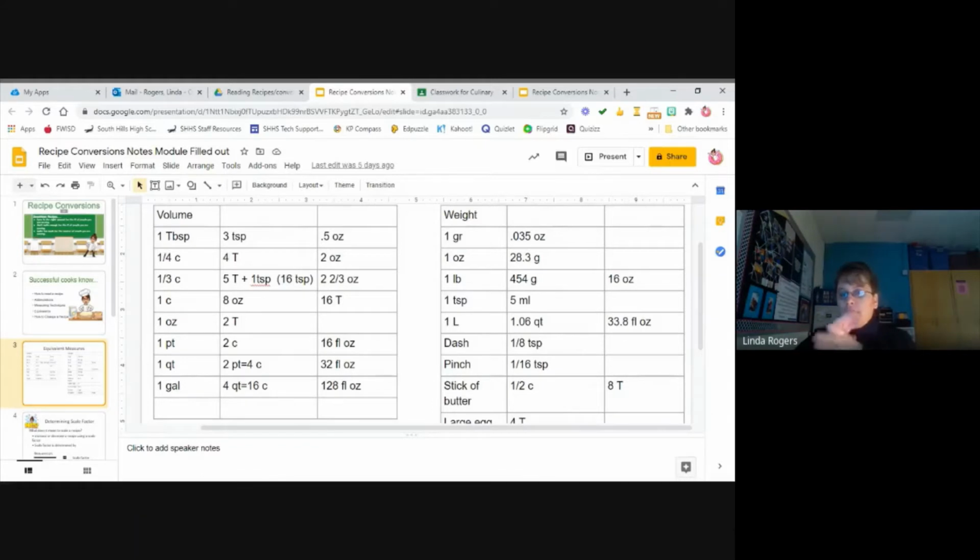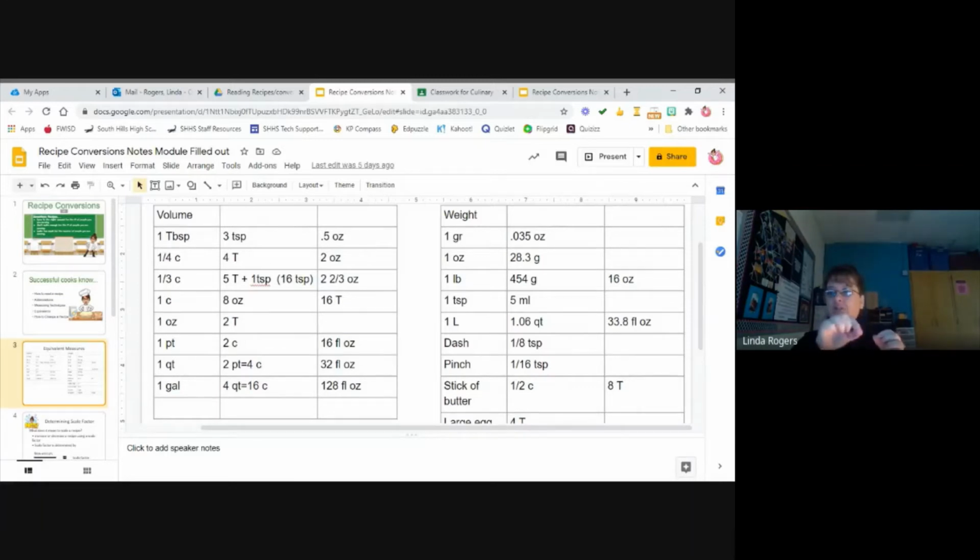So a gram is going to be 0.035 ounces, which is very, very small, right? An ounce is 28.3 grams. Typically on most scales that we have access to, with grams, it only weighs to the solid number.